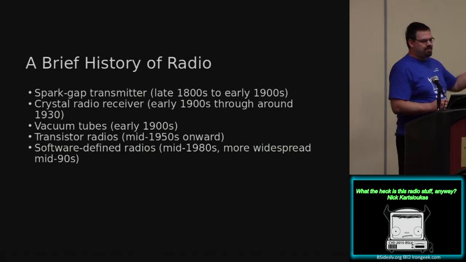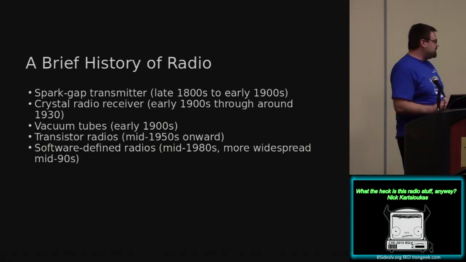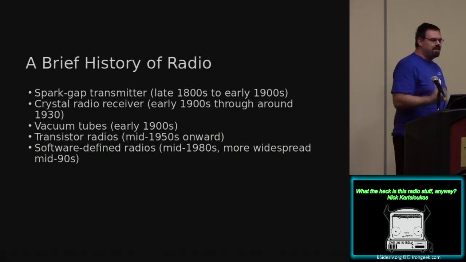Then it passes that signal into the crystal portion, which acts as just a diode, passes that into a speaker, and you can listen to your signal. These are cool because they are powered by the radio signal that they're receiving. Unfortunately, there's not a lot of power in this radio signal that they're receiving, so you have this tiny little speaker that's producing a tiny little bit of noise, not very good for general listening.